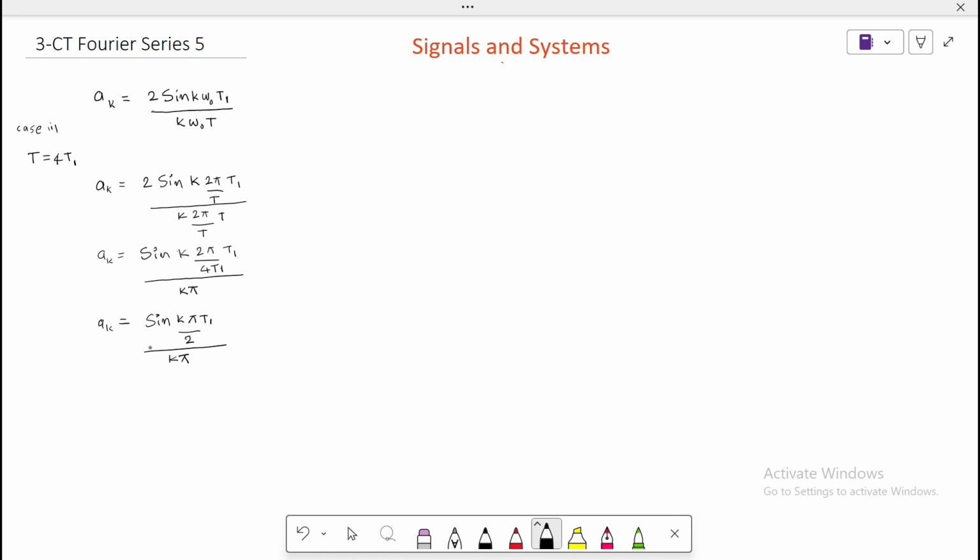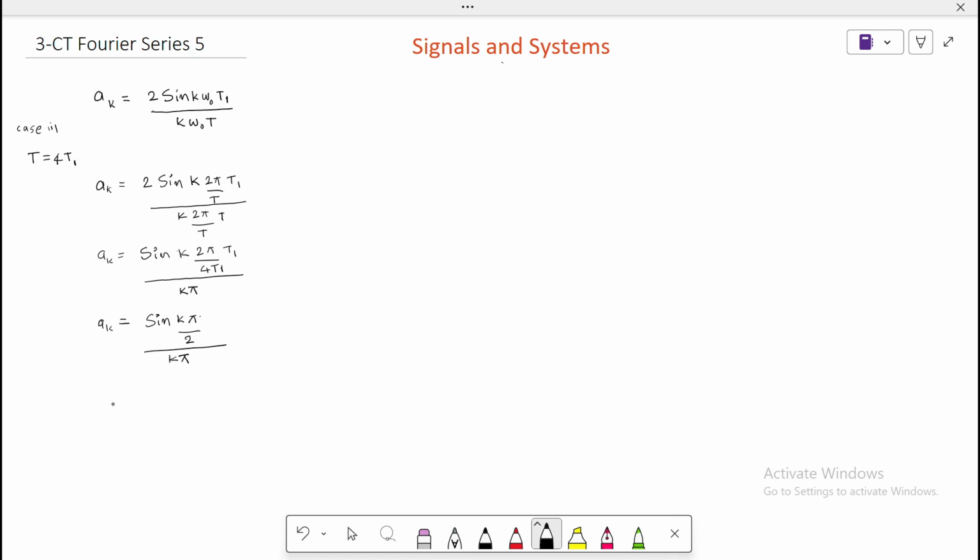Now I'm going to find the a_k value for k equal 0, 1, 2, 3, 4. There is no T1, T1 gets cancelled. For k equal to 0, it is 0 by 0, so we use L'Hospital rule.